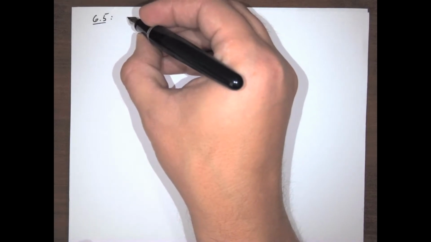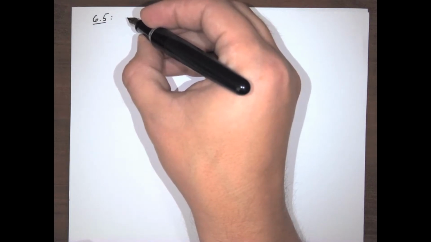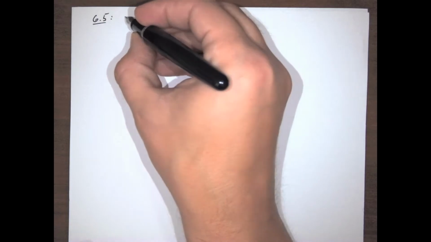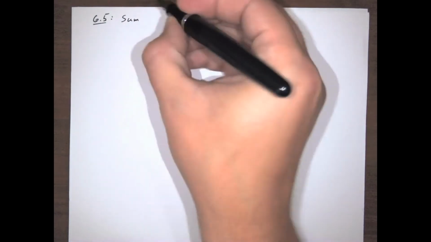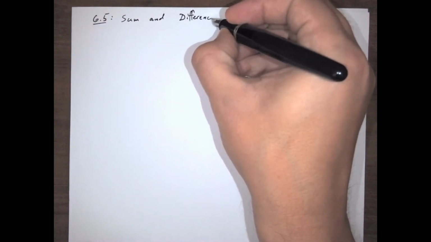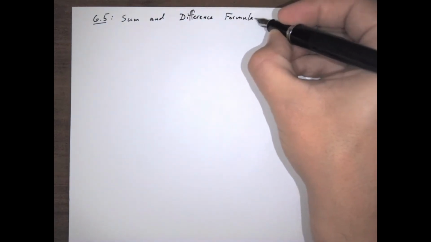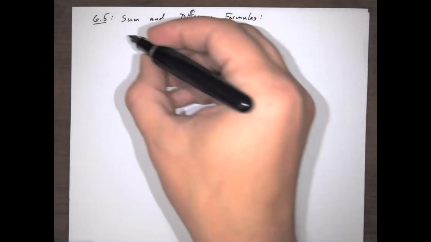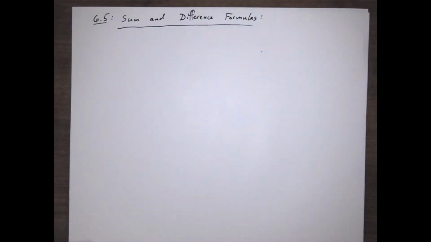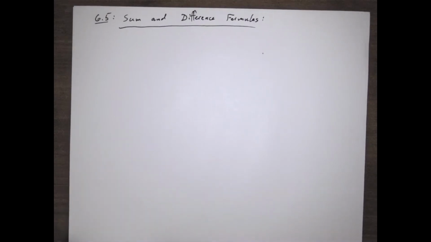These are formulas, some of which are kind of simple, others relatively complicated, that we will mostly just be learning how to use. So, sum and difference formulas. These will be the foundation for all of the other formulas that we're about to come up with.